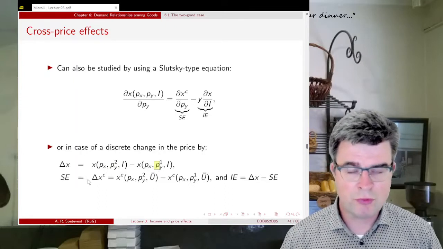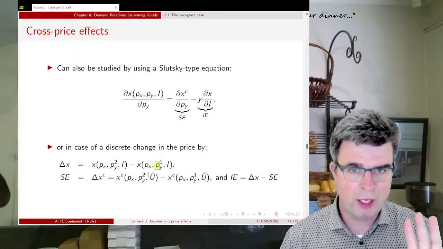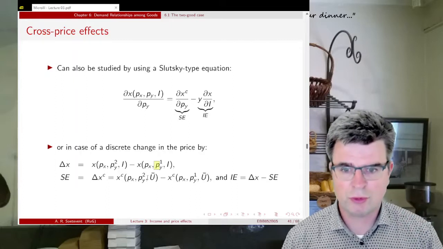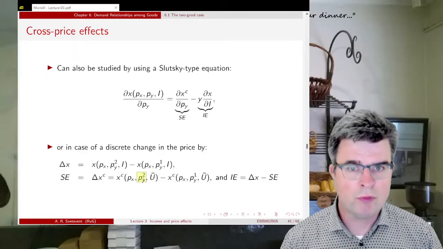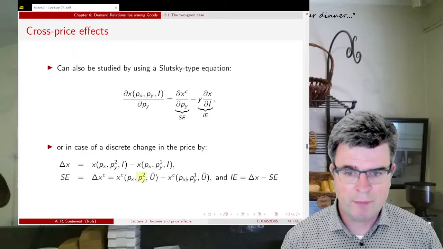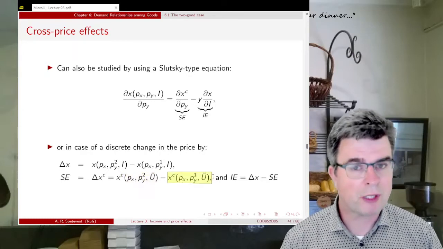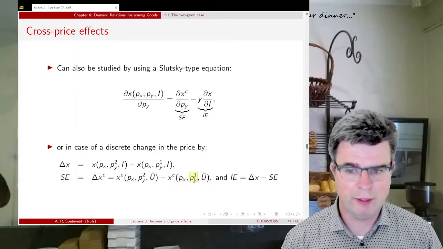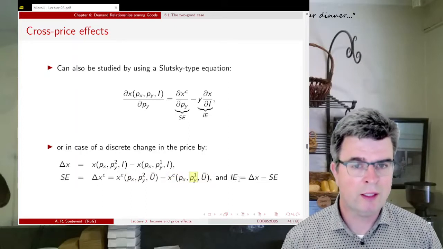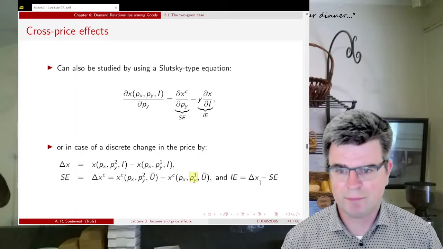And for the substitution effect, again, we turn to the compensated demand curves because we want to tie the individual to the old indifference curve. And we just plug in the new price of good Y. Then we get the compensated demand and we subtract the compensated demand given the old price of good Y. And then the income effect is just the difference between the total effect and the substitution effect.